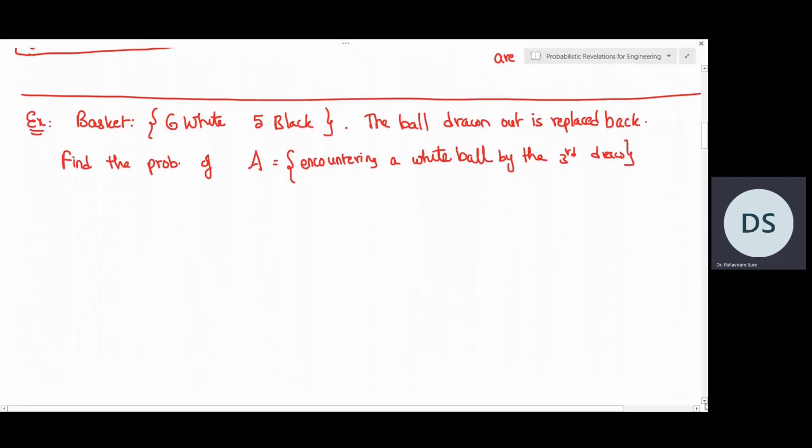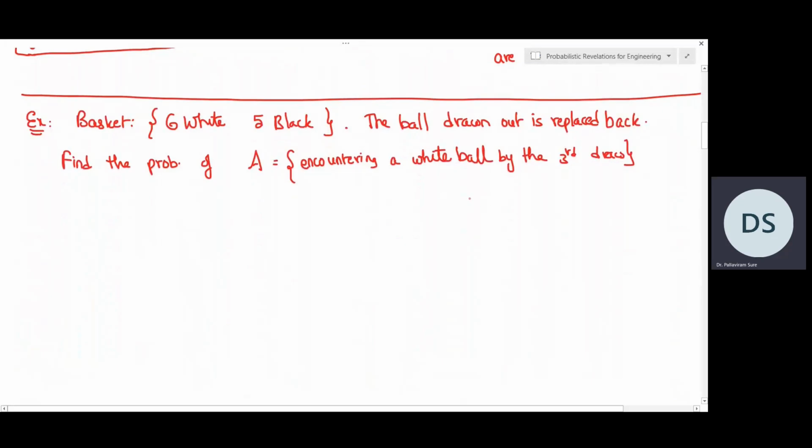So we pick one ball at a time, and the ball which is drawn out first time, before we draw the second time, it is replaced back. So we write this as ball drawn out is replaced back. And we are interested in calculating the probability of one event called A. The event stands for encountering a white ball by the third draw.